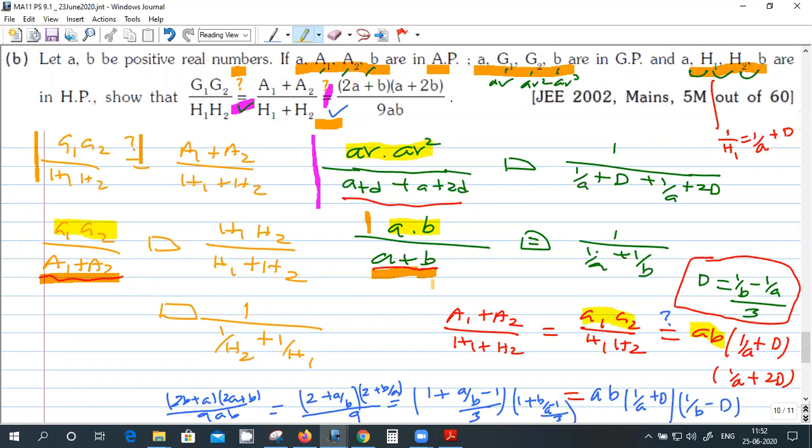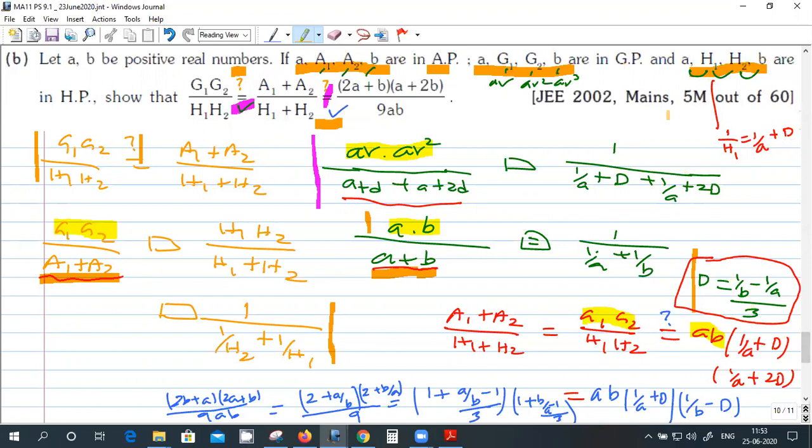Yes, and this thing we have to show as this one, 1 by H1 plus 1 by H2. Since this is in HP, 1 by H1 is 1 by A plus capital D, where capital D is the common difference of the reciprocals of the HP. So capital D is 1 by B minus 1 by A divided by 3. Is this clear? Yes, sir.